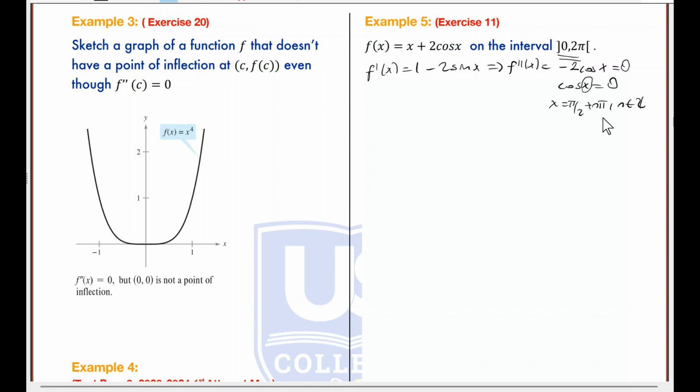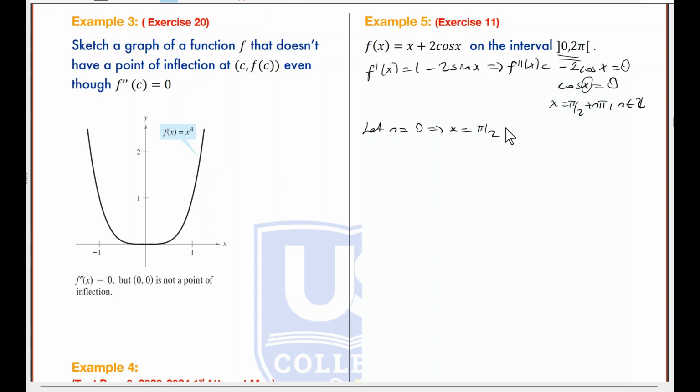Remember, we solved a similar question in the first derivative test. We have a result involving n, k, whatever. We have to give some values to n. Let n be, let's say, 0. Then what is x? 0 plus pi over 2, pi over 2.